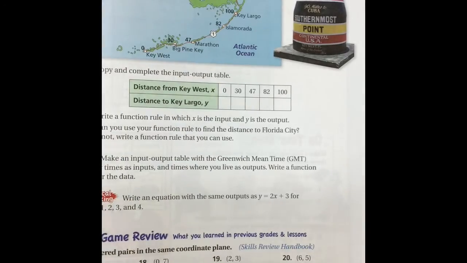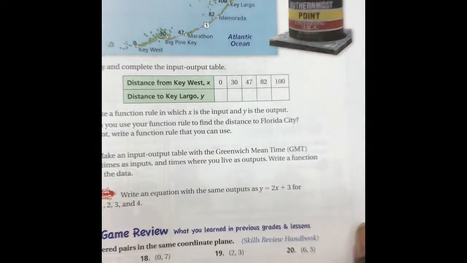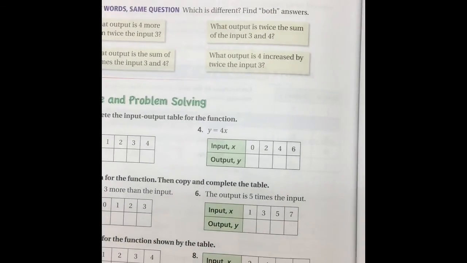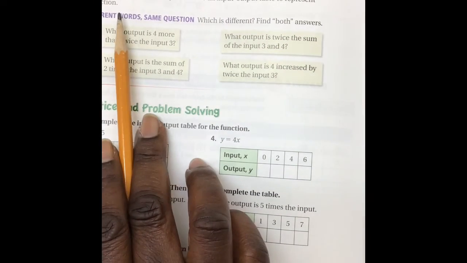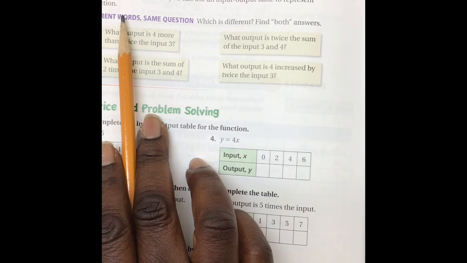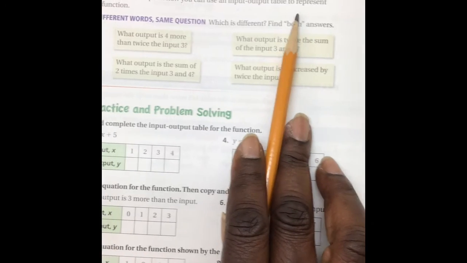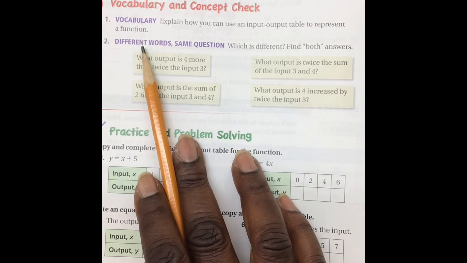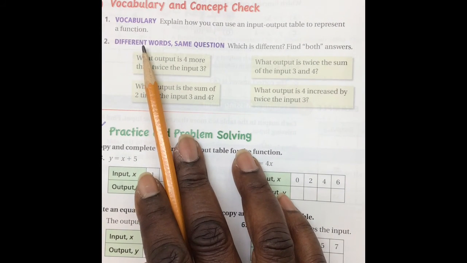Now, for your assignment, when we talk about the input-output, we want to understand that the input-output represents a function, in other words, an equation, okay?